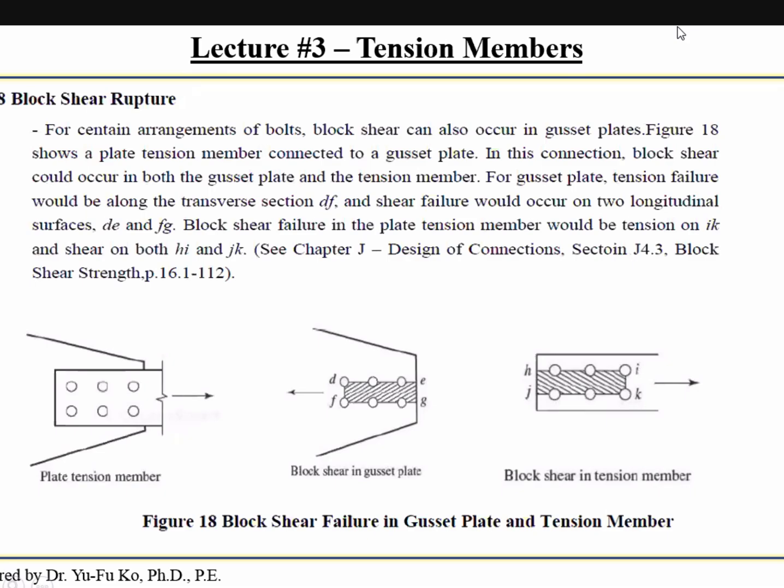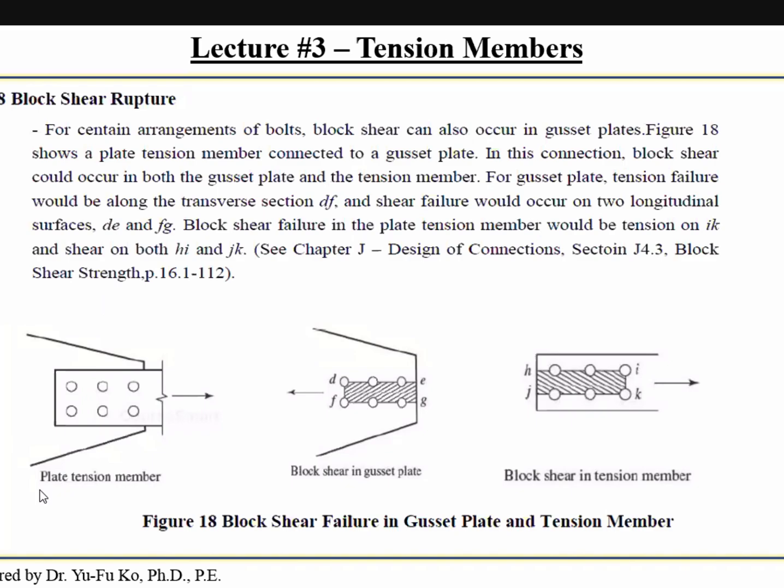If you have a tension plate connected to a gusset plate, you might fail in block shear in the gusset plate as well as block shear failure in the tension member.